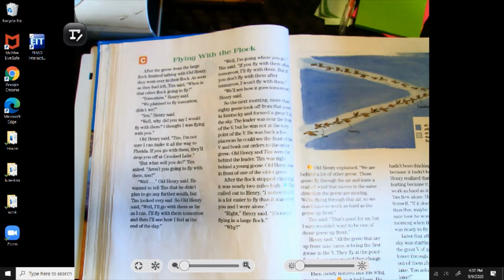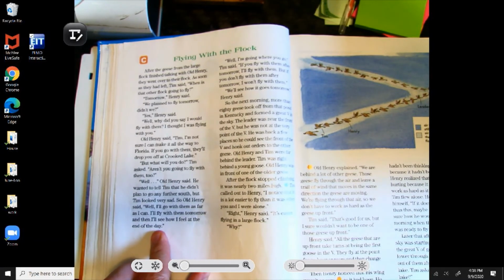He wanted to tell Tim that he didn't plan to go any further south, but Tim looked very sad. So Old Henry said, "Well, I'll go with them as far as I can. I'll fly with them tomorrow, and then I will see how I feel at the end of the day."